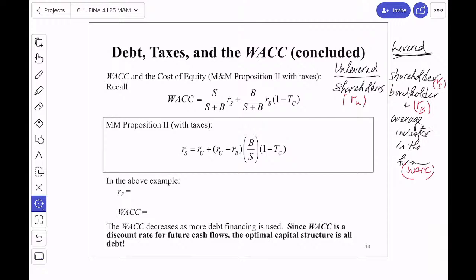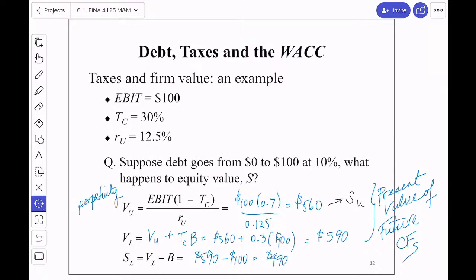I'm going to take the information. So all you have from here is RU 12.5. You need this. What else do you need? You need that debt goes to 100. You need a lot of this information.